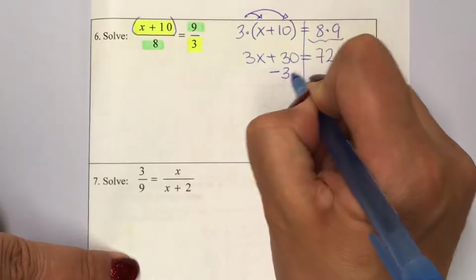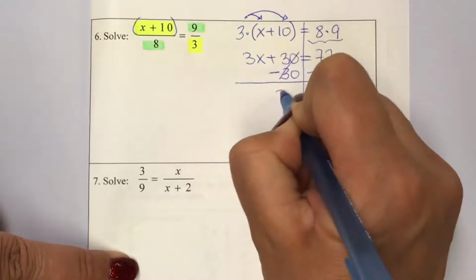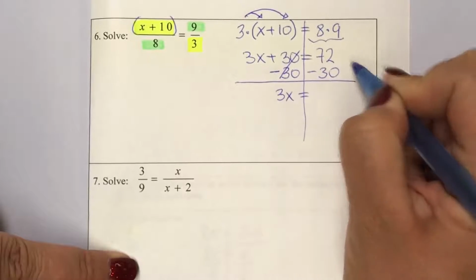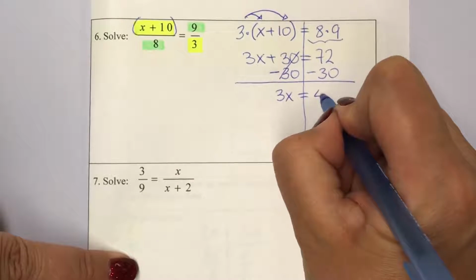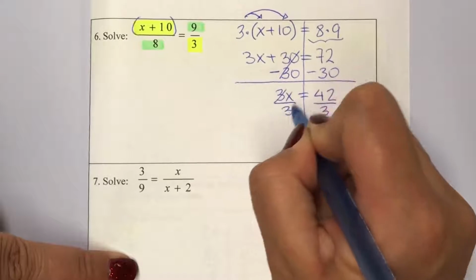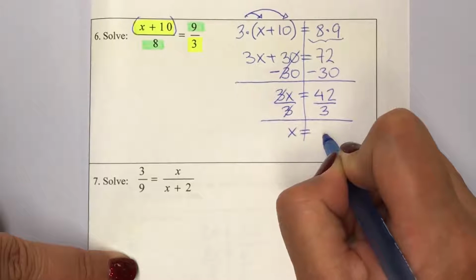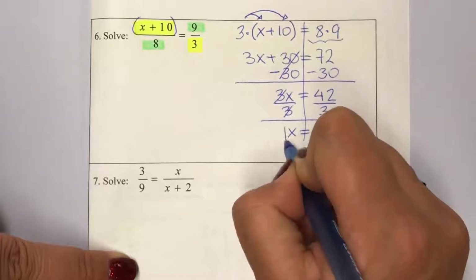Inverse operations, subtract 30 on both sides. Bring down the 3x, 72 minus 30 would be 42. Divide by 3 in order to solve for x, which is going to be 14.